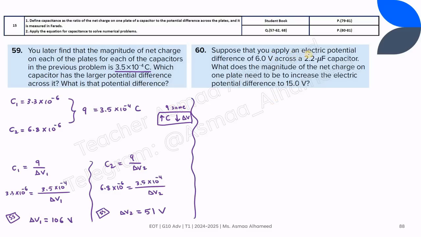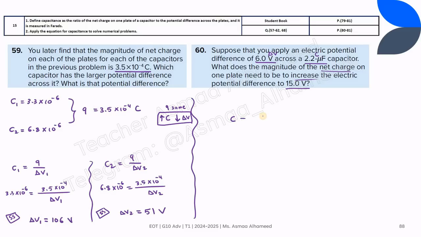Next question. Suppose that you apply an electric potential difference, so here you have delta V, across this much capacitance. What does the magnitude of the net charge on one plate need to be to increase the electric potential difference to this much?